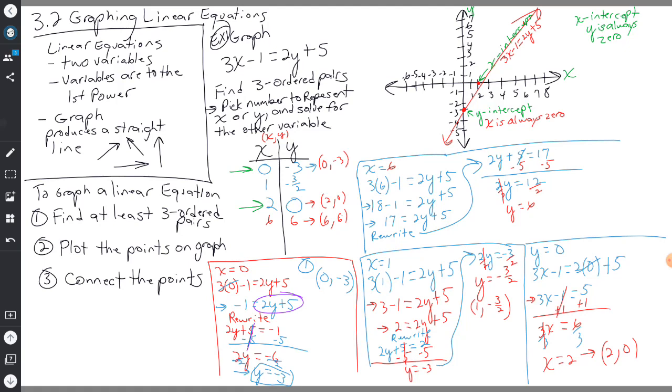And that's going to tell us that 2y is equal to negative 6 at that point.